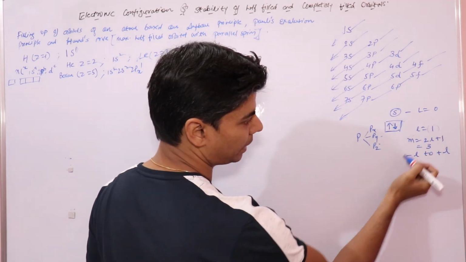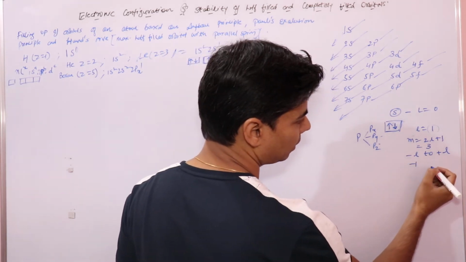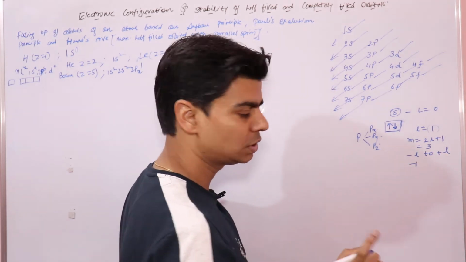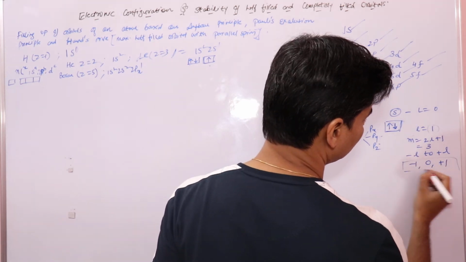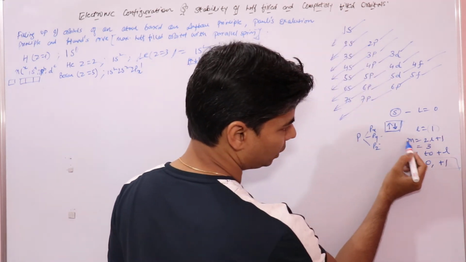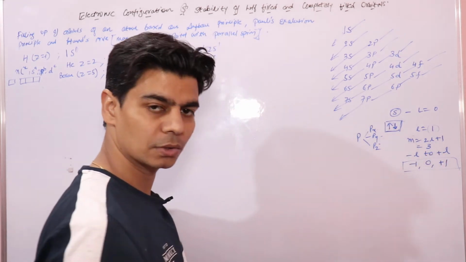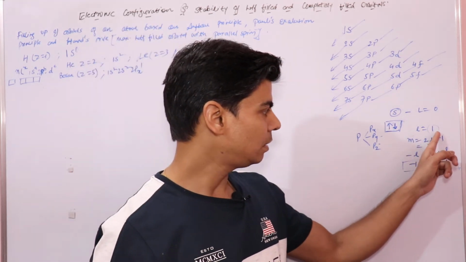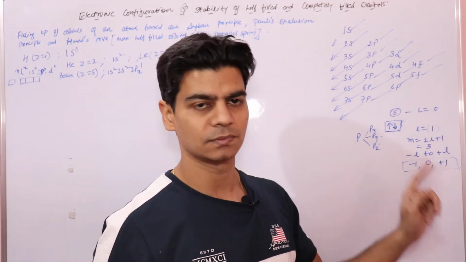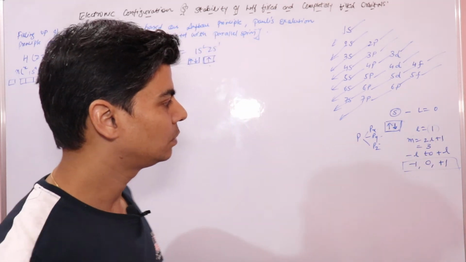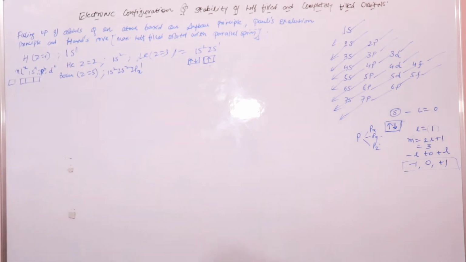Minus l is minus 1 to plus 1. This value of 2l plus 1 tells you the number of orientations.